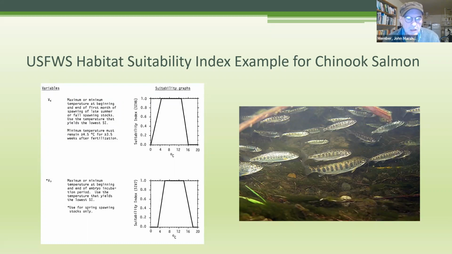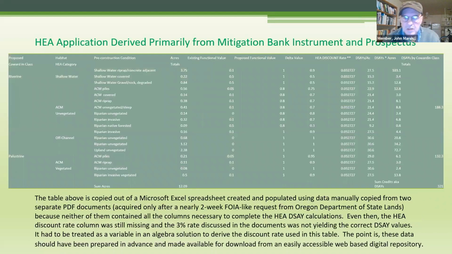This is just a very narrow snippet of one of these models, but it really is done focusing in on the Chinook salmon and their life cycle requirements in relation to the habitat that's available to them to fulfill those life cycle requirements. This was not an empirical study done actually in the harbor, but really, again, it was an expert panel using their best professional judgment to come up with these scores.